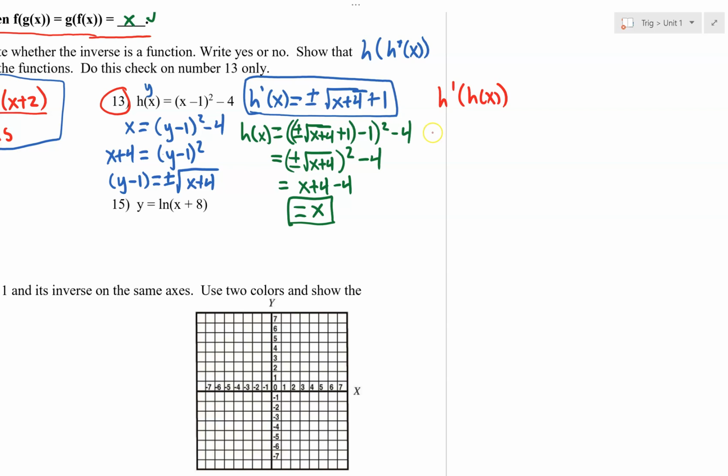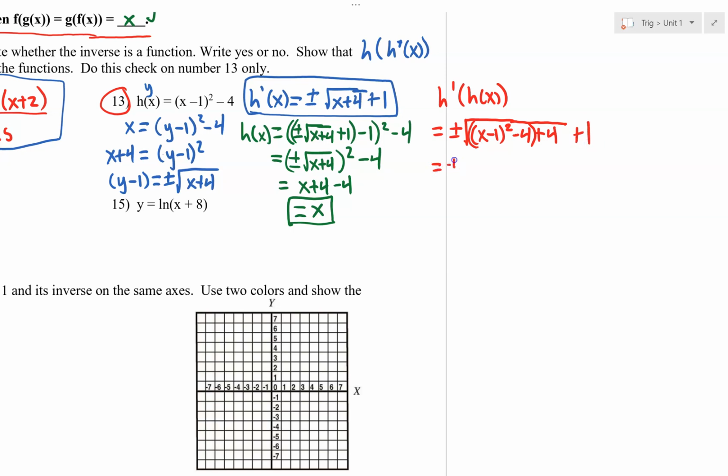So h prime is going to equal plus or minus the square root of, substituting x for what h of x is, plus 1. So we are taking all of that, substituting it for the x inside there, plus 1.